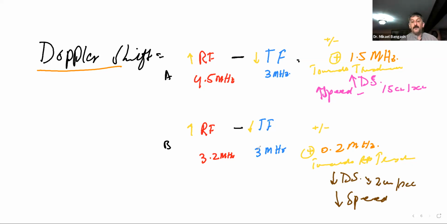The away factor would be if we shifted the frequencies, and say our reflector frequency was 3 megahertz, where the transmitter frequency had been 4.5 megahertz.